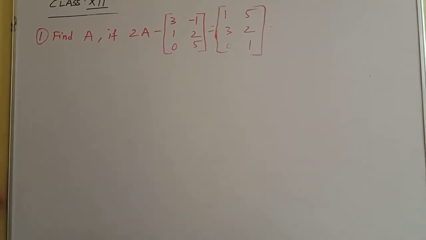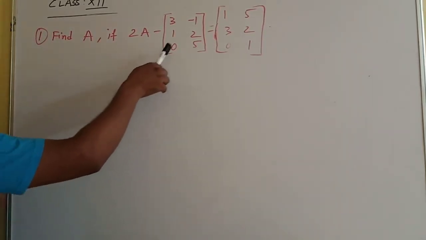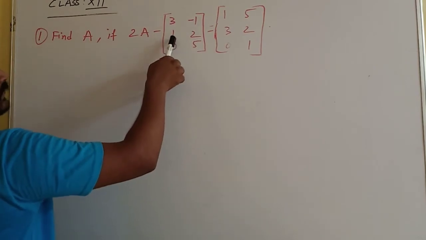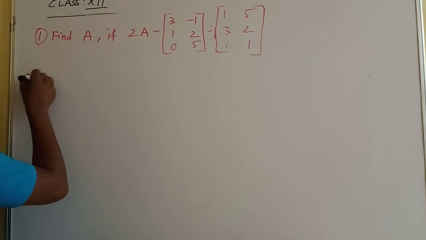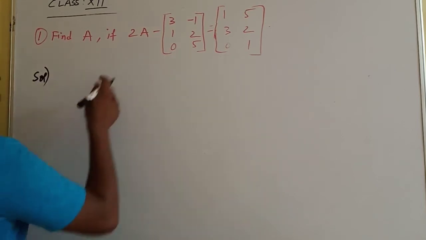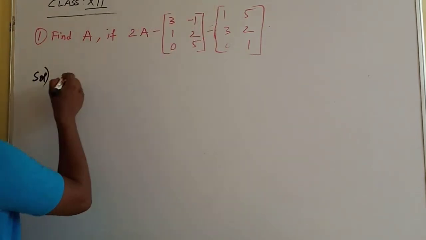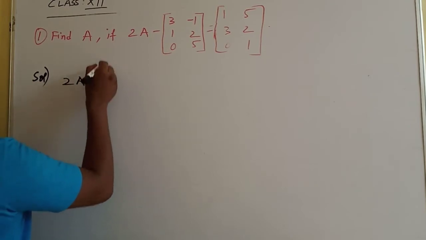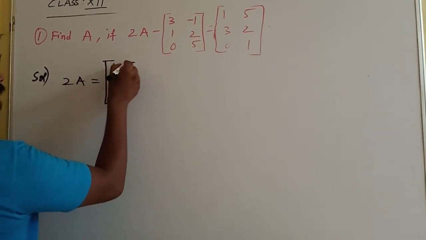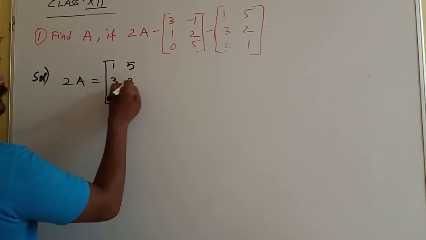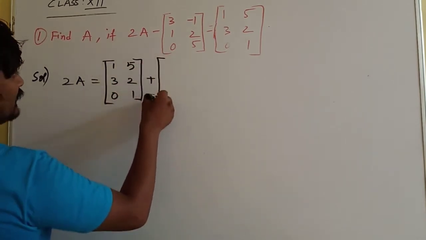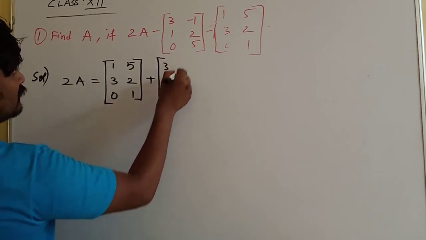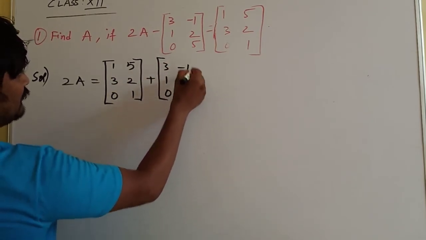Alright, this is your first question. Find A if 2A minus the matrix [3, -1, 1; 2, 0, 5] is equal to another given matrix. Minus goes to the other side as plus, so directly 2A is equal to [1, 5, 3; 2, 0, 1] plus [3, 1, 0; -1, 2, 5].